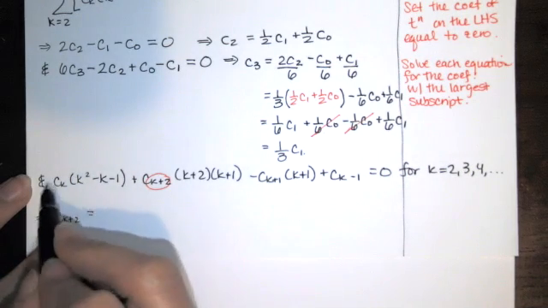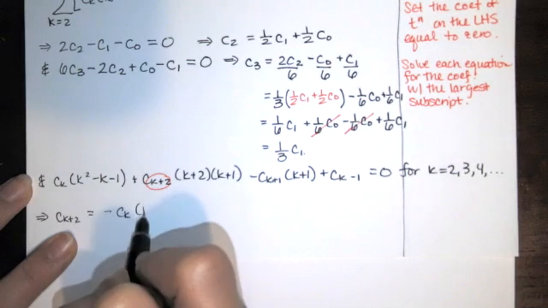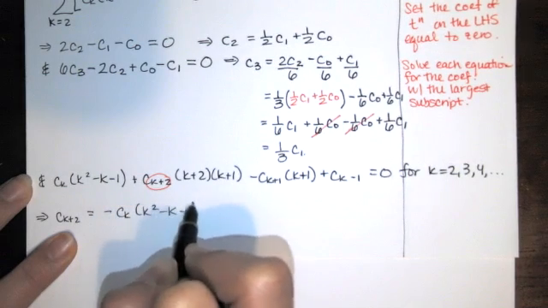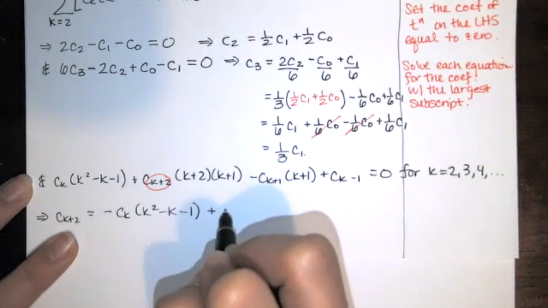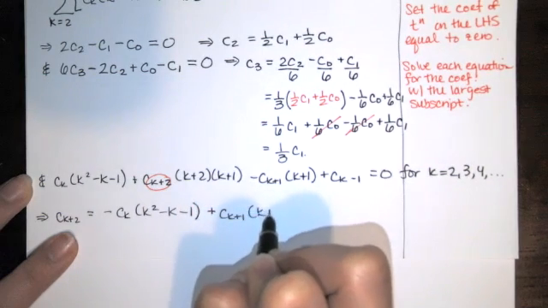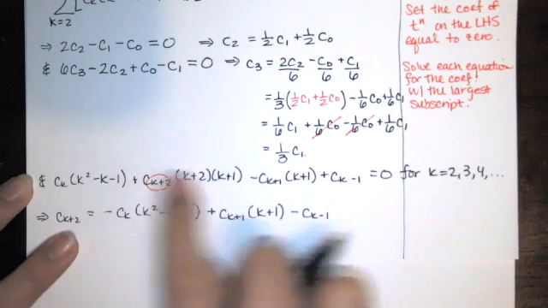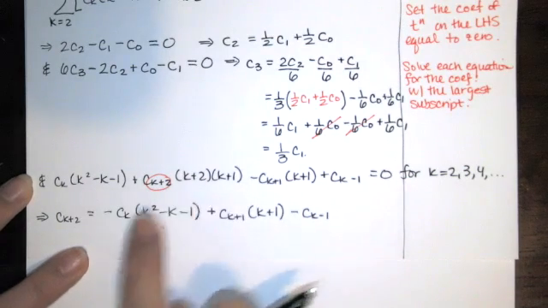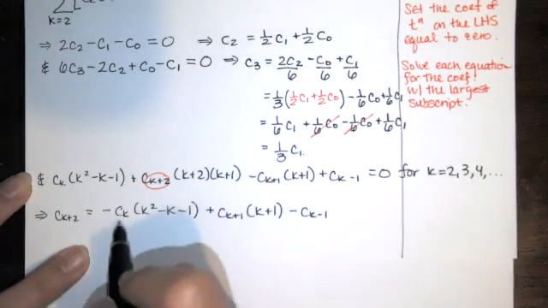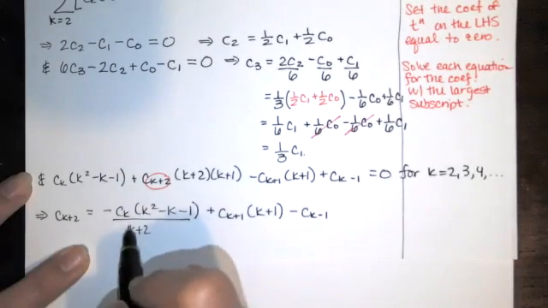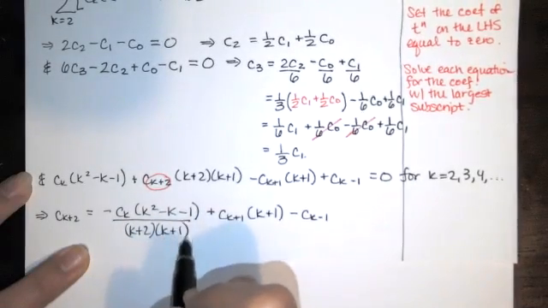So we'll have minus c sub k times k squared minus k minus 1 plus c sub k plus 1 times k plus 1 minus c sub k minus 1. So move those over, and then we're dividing each of those by k plus 2 times k plus 1.